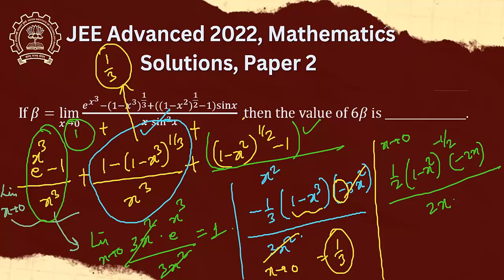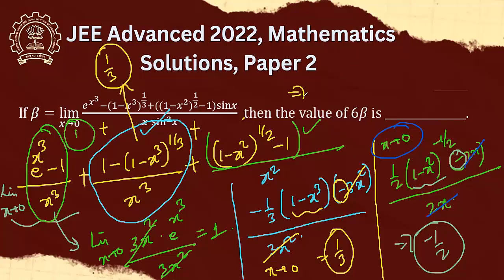If I cancel this 2x with this 2x and put the limit x tends to 0, this thing will become 1 to the power minus half, that is 1 only. This minus sign was left, so this is minus 1 by 2. So finally the 3 terms have their own finite limit, so it was okay to split them like that. Otherwise, if any of the 3 terms was not having a finite limit, then it's not okay to split it into 3 terms like that.